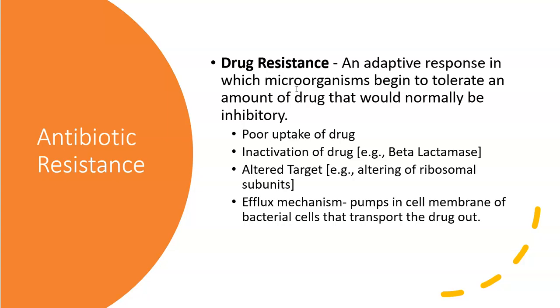So if something like tetracycline gets into the cell, before it can destroy the ribosome, the bacterial cell will send that medication right back out through this efflux mechanism. There's more than this, but these are some standard ways that bacteria have evolved to survive in the presence of antibiotics over time.